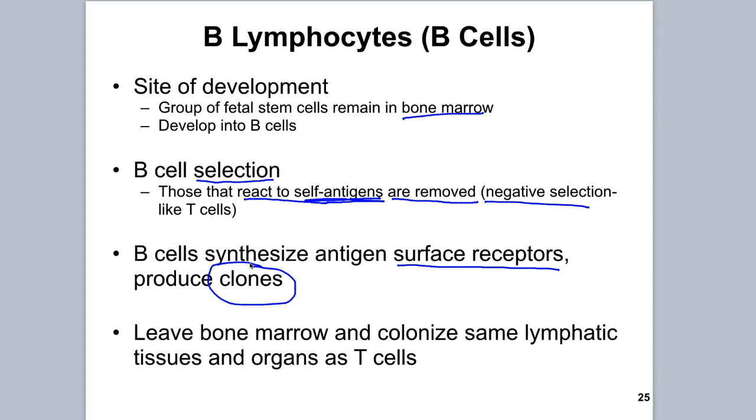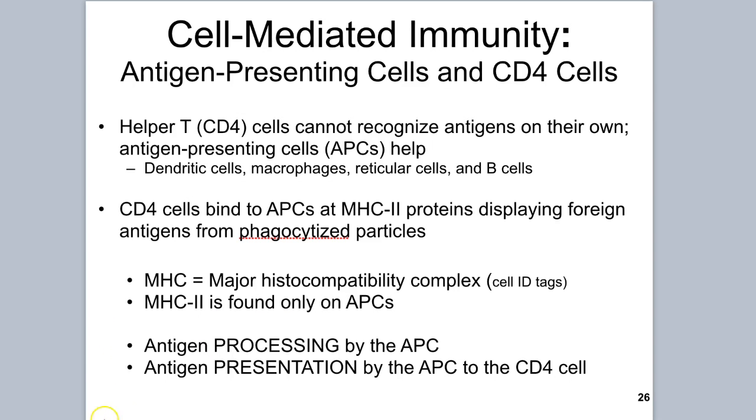And then, just like the T cells, they're going to leave the bone marrow, and they're going to colonize the same lymphatic tissues and organs as the T cells, so lymph nodes, spleen, and so on. They're going to live in those organs throughout their life, waiting until they encounter a pathogen and can initiate an immune response.